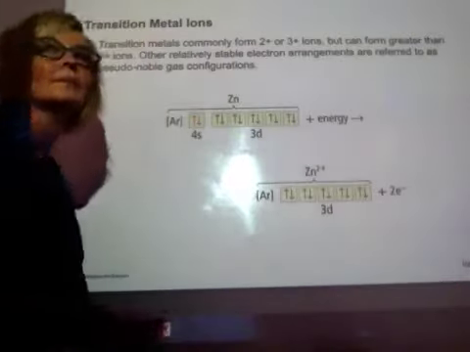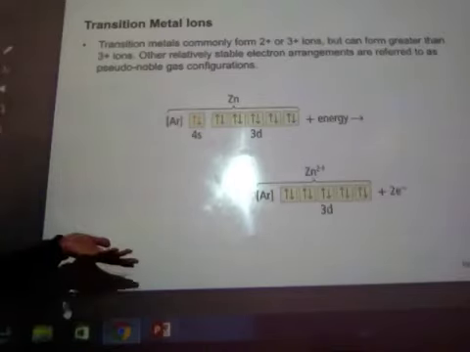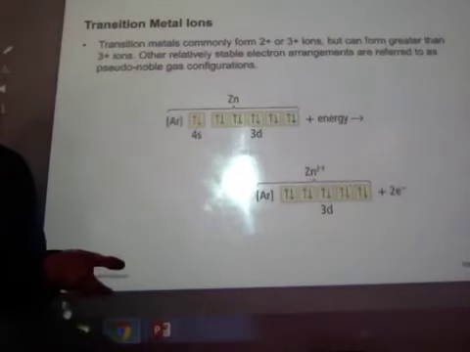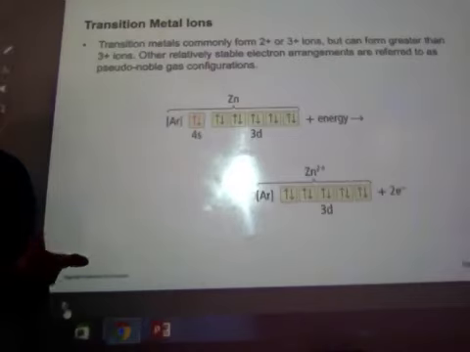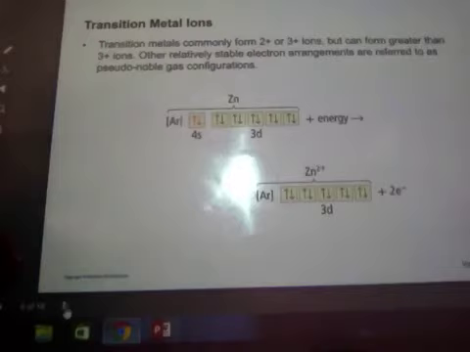So if you don't tell us otherwise, then all the transition metals are cations? Yes, and they will always be cations. But their charge can vary, so for example, iron can have a +2 charge or a +3 charge. It depends on which electrons, because it's in that D group, the electrons can move a little bit differently.